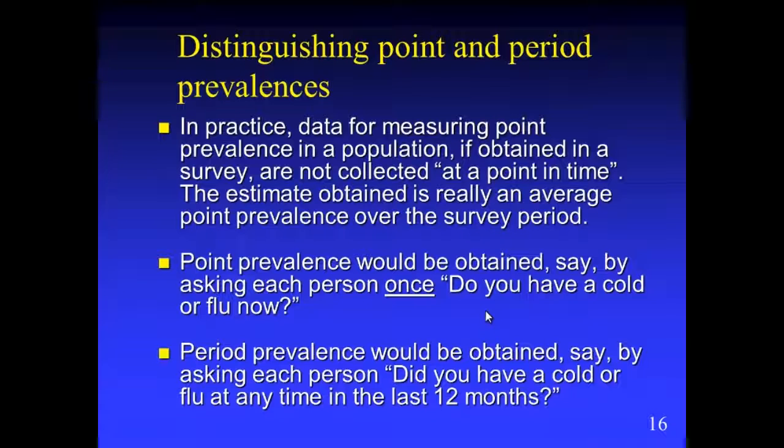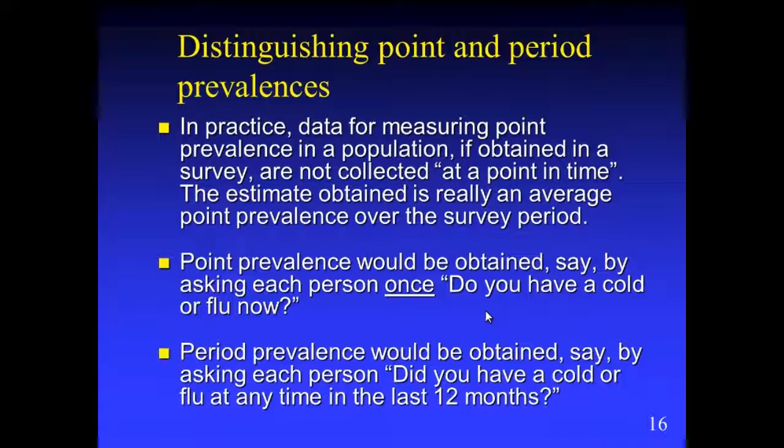But period prevalence would be obtained if we asked each person, did you have a cold or flu at any time during, say, the last 12 months? And so then period prevalence would have to be expressed in relation to that time period.